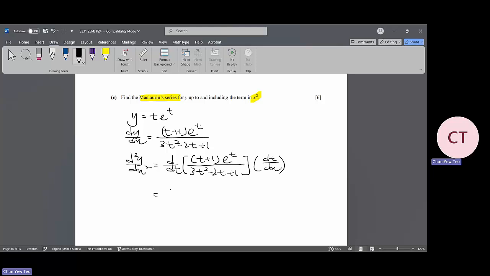So what you need to do is keep the bottom, differentiate the top. Differentiate the top, you get this. Minus keep the top, differentiate the bottom.